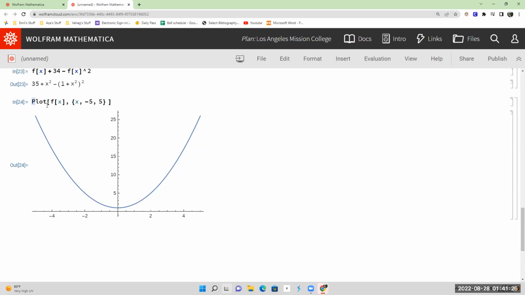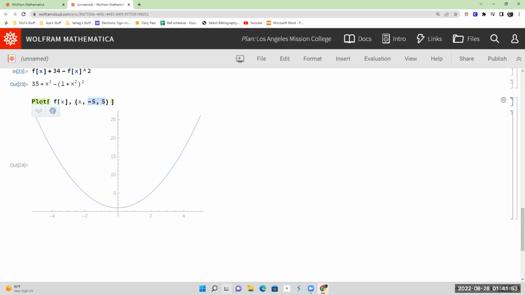All commands start with a capital letter. Notice the brackets. I'm not allowed to use curly braces or parentheses. I am specifying two arguments here, separated by a comma. The first one is the function I'm graphing. The second one, in curly braces, specifies the independent variable along which I'm going to be plotting, and then the domain of that variable.